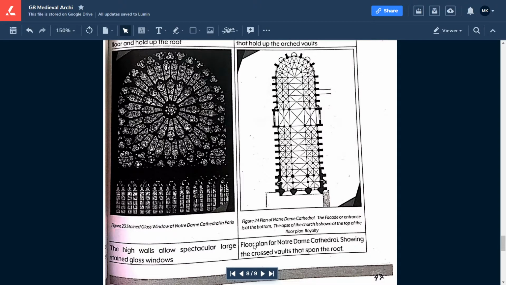It's a floor plan for Notre Dame Cathedral showing the cross vaults that span the roof. Plan of Notre Dame Cathedral. The facade or entrance is at the bottom. The apse of the church is shown at the top of the floor plan. So here is a plan for the cathedral from inside.